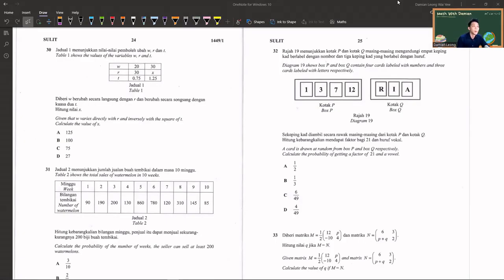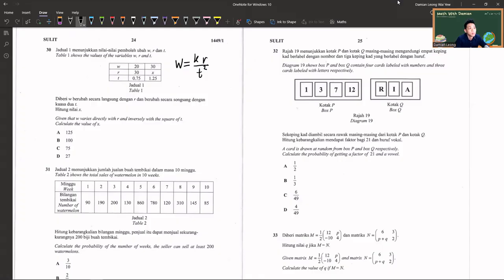So we just combine both, form the equation. So W varies directly, berubah secara langsung. So K darab dengan R. Okay, dan berubah secara songsang. So we put on the bottom of fraction. Okay, inverse bottom fraction. Kuasa 2 T. Square of T. Kuasa 2.